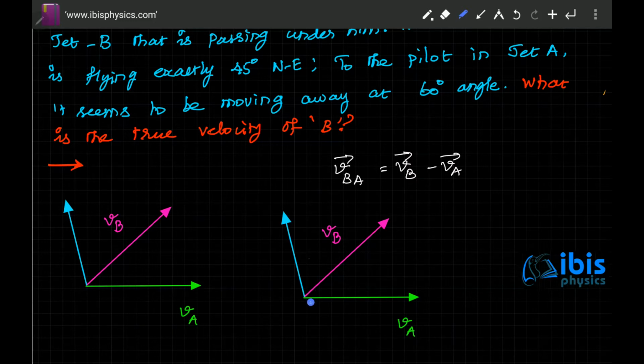For that, in order to make VA minus, we have to give it a 180 degree rotation. Okay, now it is exactly opposite to that. So this is minus VA because we have changed the direction. Now VB minus VA means from the tail of this to the head of this.